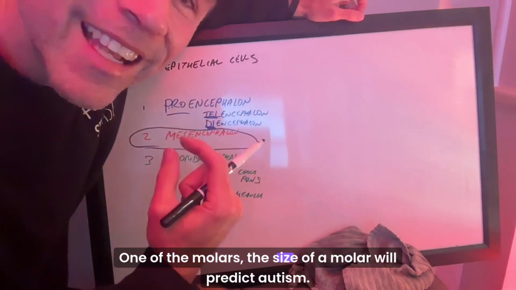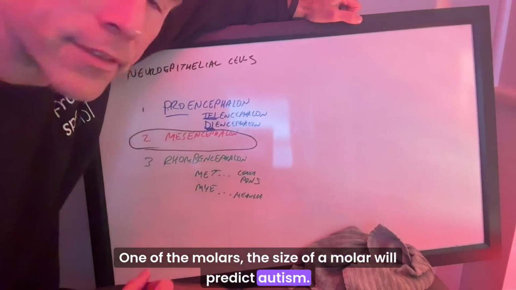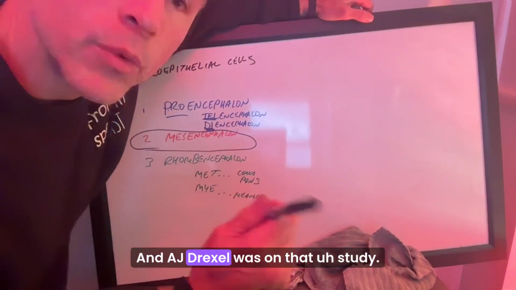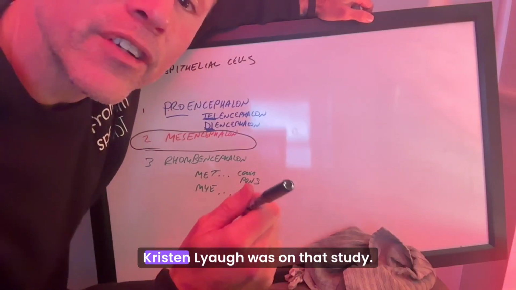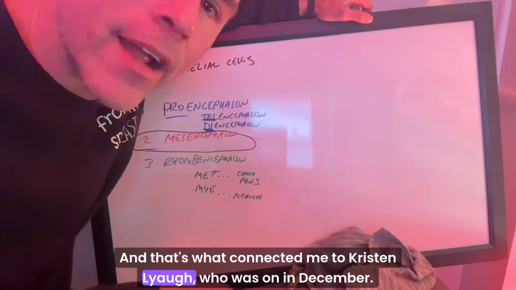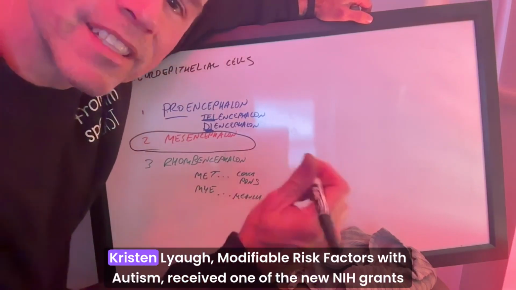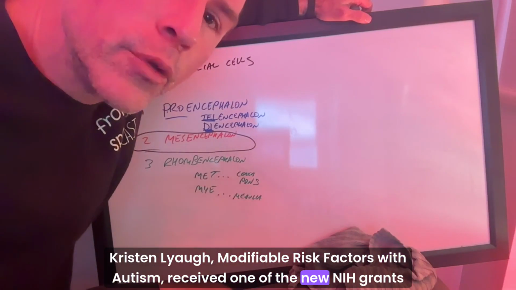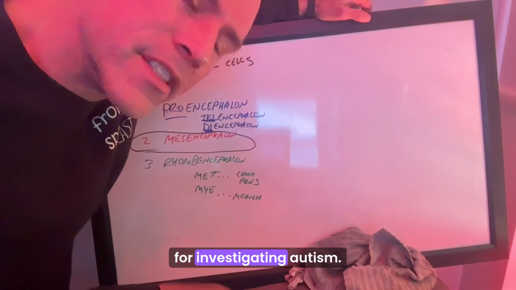One of the molars, the size of a molar, will predict autism. Richard Fry told us that. And AJ Drexel was on that study. Kristen Lyle was on that study. And that's what connected me to Kristen Lyle, who was on in December. Kristen Lyle, Modifiable Risk Factors with Autism, received one of the new NIH grants for investigating autism.